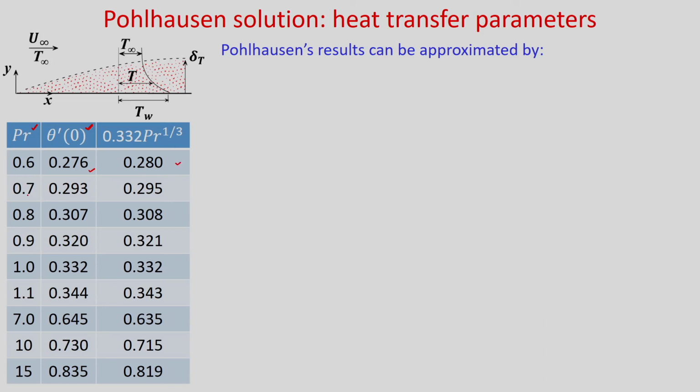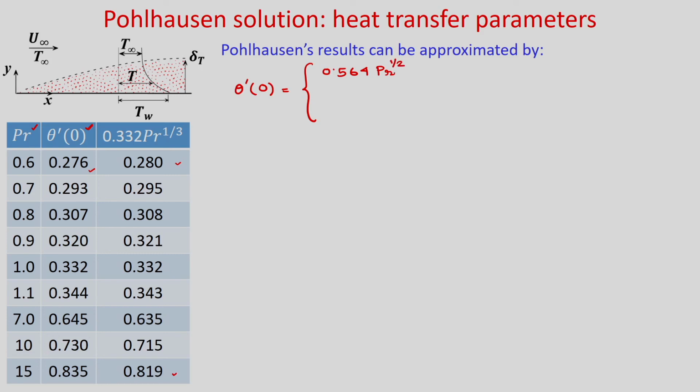So, 0.6 to 15 we have shown here, and in this range theta prime 0 can be approximated as 0.332 Prandtl number to the power 1 by 3. For the other range, where Prandtl number tends to 0, you can approximate the first derivative of the dimensionless temperature at eta equal to 0 as 0.564 Prandtl number to the power half.